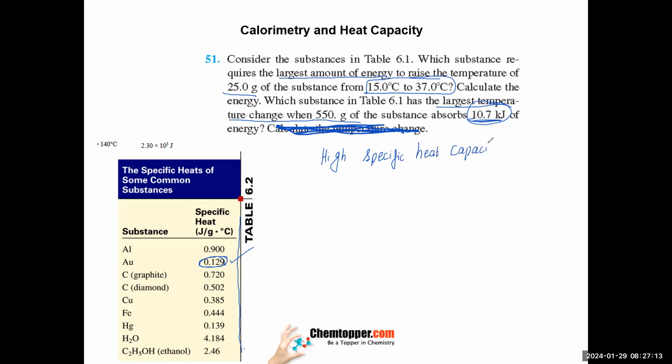High specific heat capacity needs more energy. That's the first thing. Second, it will show less rise in temperature.